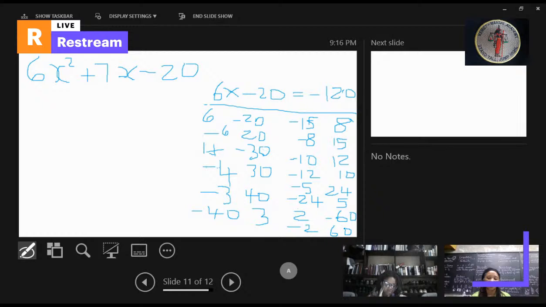Alright, so have you seen anything that will add to give 7? Which 2 will add to give 7? Miss, negative 8 plus 15. Alright, negative 8 and 15 will give 7.